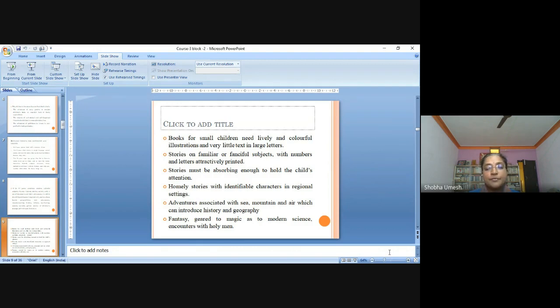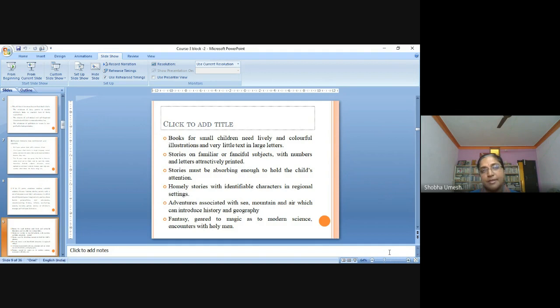So we should create a homely atmosphere for the child when we narrate a story. So it should be very regional. When we write a story for a child, it should be completely based on the tradition and the culture and the regional setting where the child is growing up in the beginning.